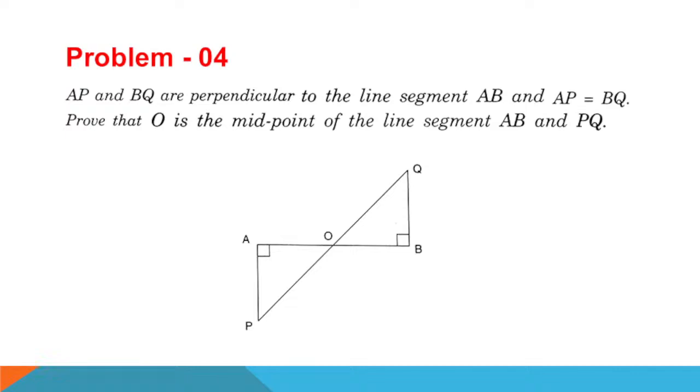Okay, figure is given. O is the midpoint of the segment AB and PQ. Similar pattern already proved. So I think you will be able to prove it. Otherwise, I will do. Just you will inform me.